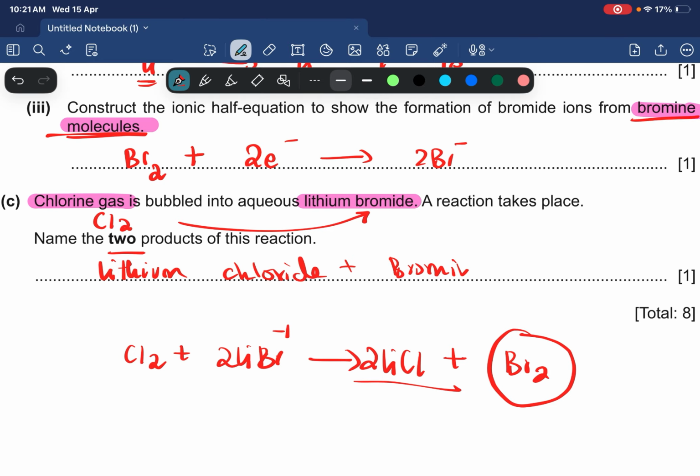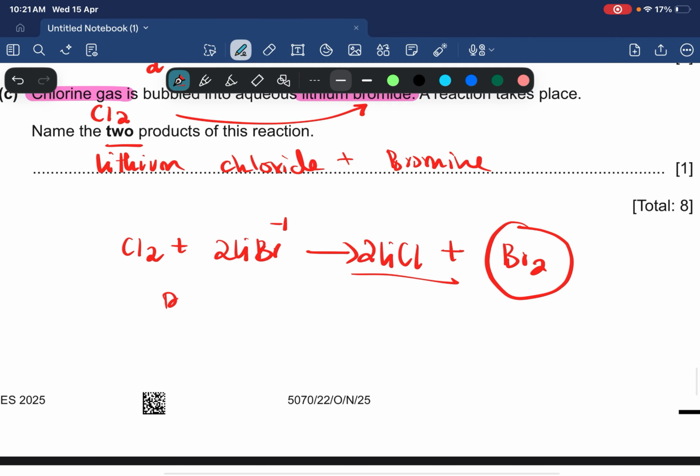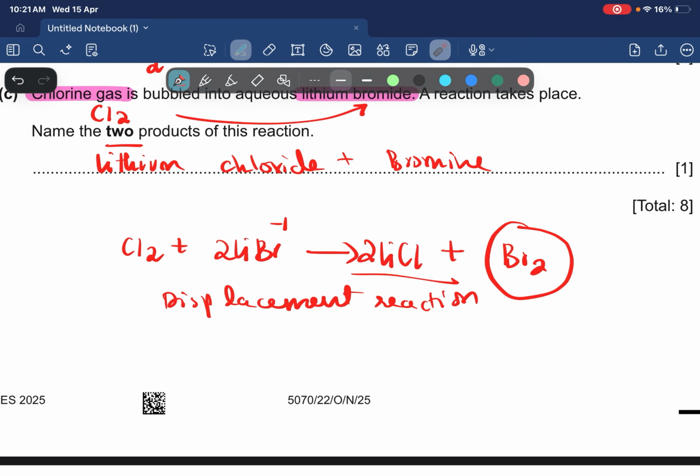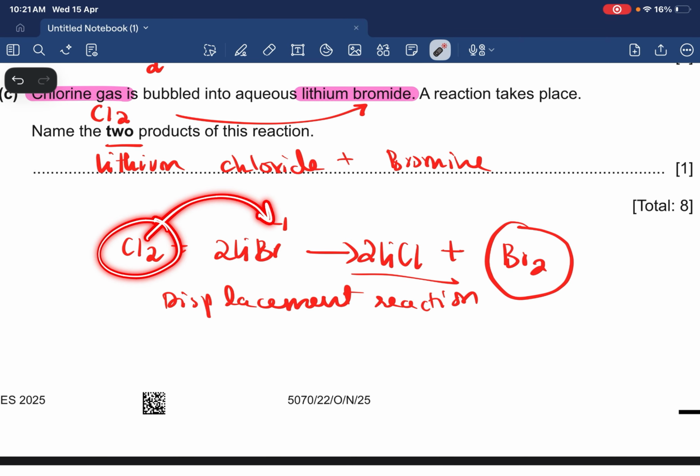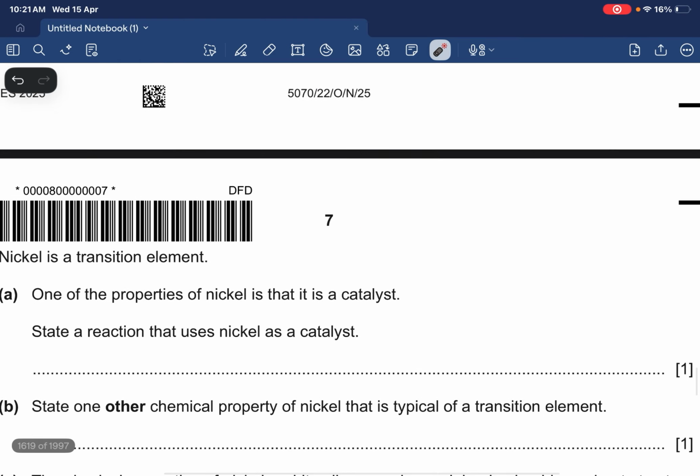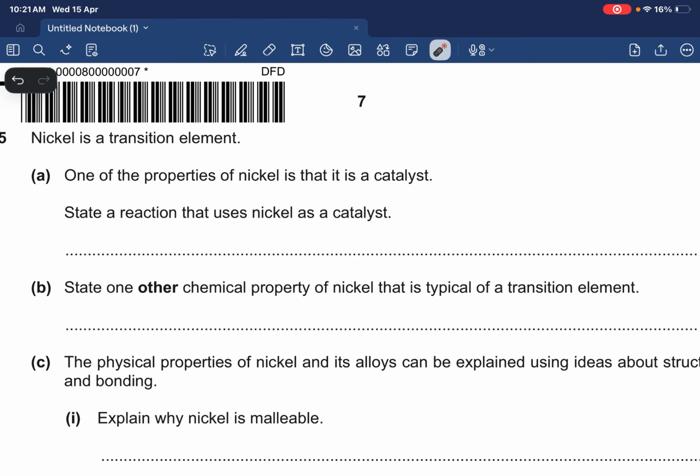And what kind of reaction is this? This is called a displacement reaction. Why is this called a displacement reaction? Because one halogen is displacing another halogen from its halide compound, or from its salt. This is a salt of a halogen, and this is another halogen that is displacing it. Got it?